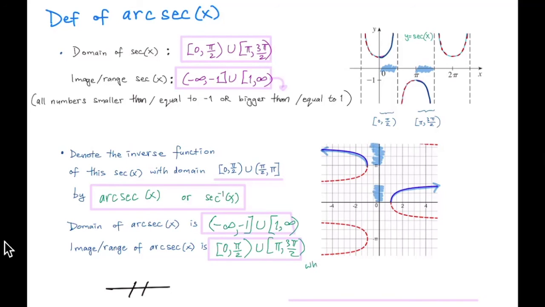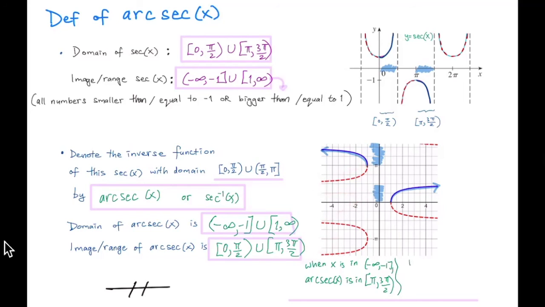So when x is in the interval from -∞ to -1, we can see that arc secant is in between pi and 3 pi over 2. So it's like this part here.